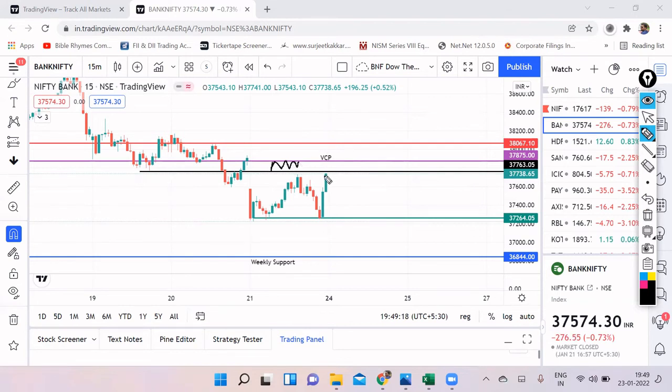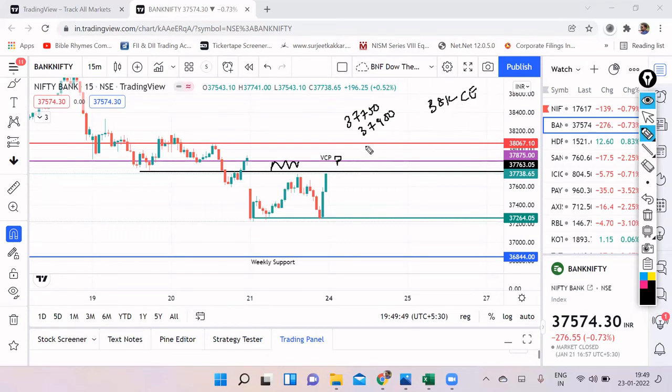Just in case we open gap up, for example, if in the morning SGX Nifty recovers and shows any sort of a gap up, then if Bank Nifty gaps up in this level, between 37,750 to 37,900, this is a very good opportunity to short the 38,000 call option.